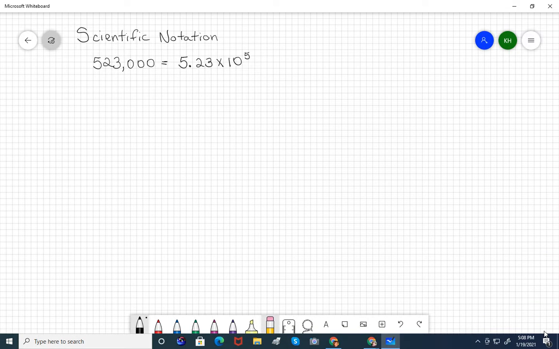How did I know that? Well, in standard or normal notation, the decimal point is right here. In scientific notation, we always write it so that there's exactly one digit to the left of the decimal point. In this case, the one digit on the left of the decimal point is the 5.